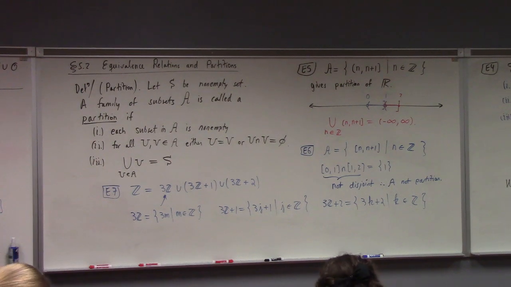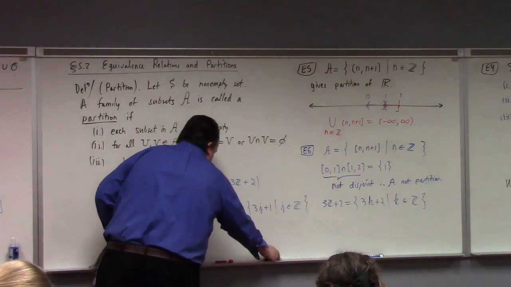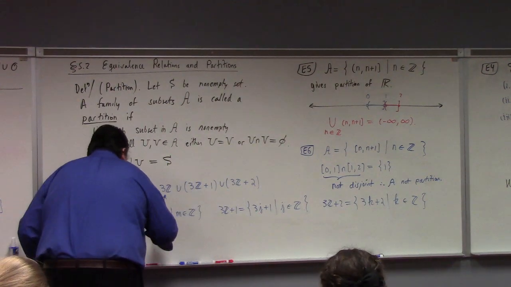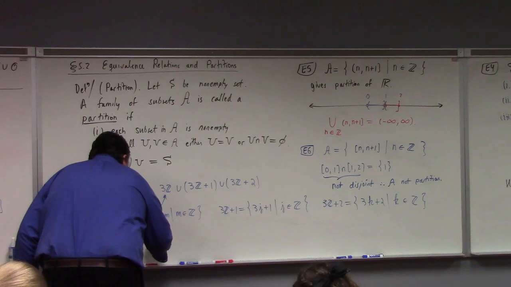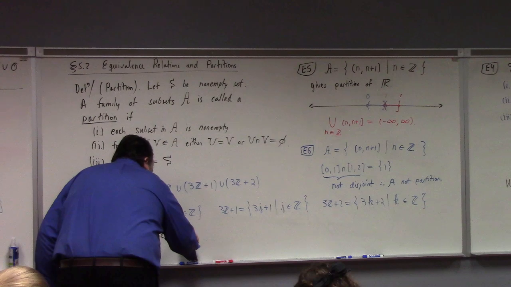For the sake of specificity, we could show that they're disjoint. If x is an element of 3Z and, say, 3Z plus 1, what would that mean?